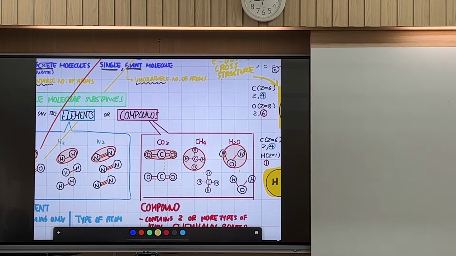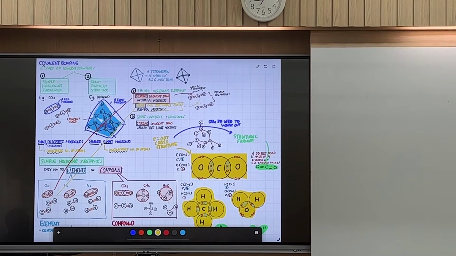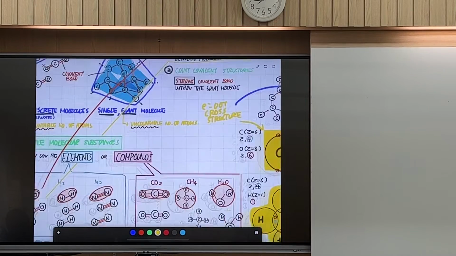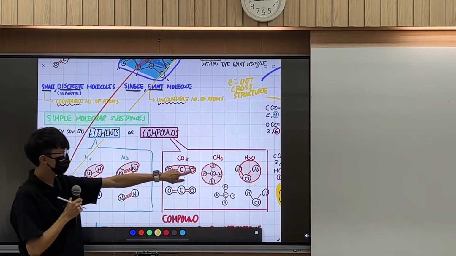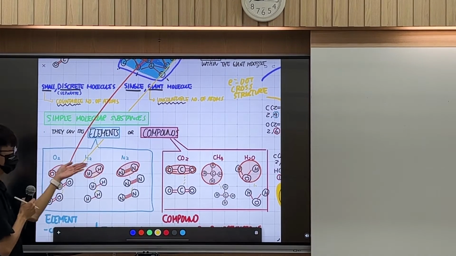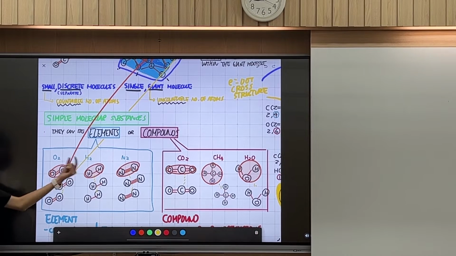You see? Did you get what I mean? You have the same thing in each and every one of these examples. Within the molecule, there's always strong covalent bond. No matter which example you look at, they are always strong covalent bonds holding atoms together within a molecule.